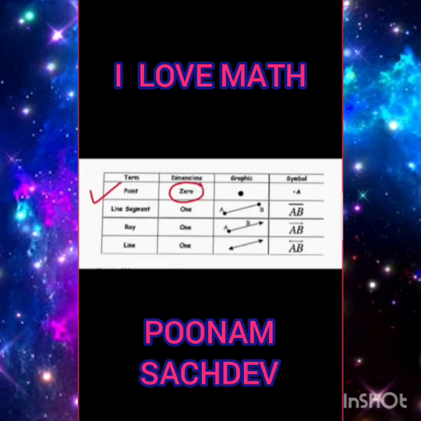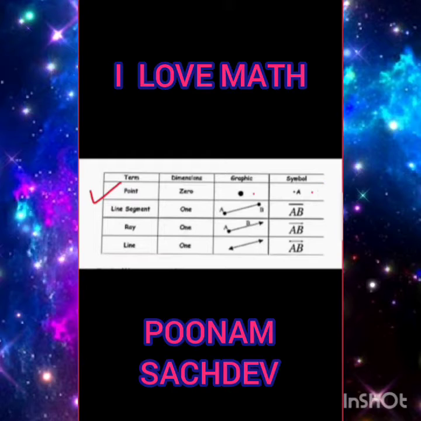There isn't any requirement of dimension to define zero. Got it? Its graphical representation is only a dot, and we can symbolize it like dot A, that is point A, point B, point C, along with the proper alphabet.